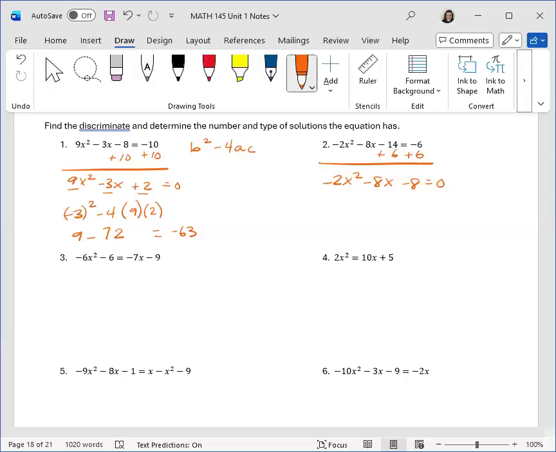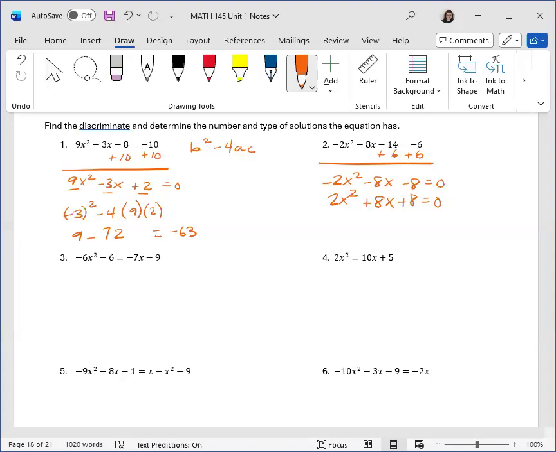So I'm going to multiply through everything by just negative 1. All that's going to do is change all of the signs. So anything that was negative becomes positive. Anything that would have been positive, which I don't have any positives in this equation, but if there were positives, they would turn into negatives. So just multiplying through by a negative 1.